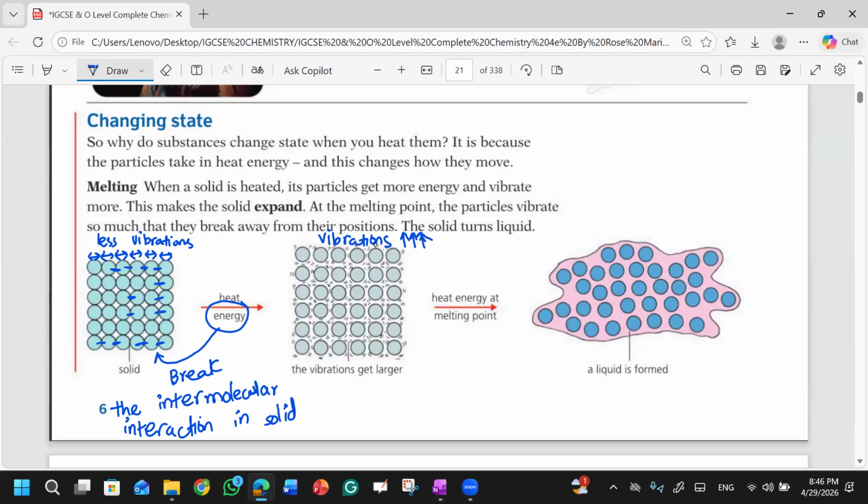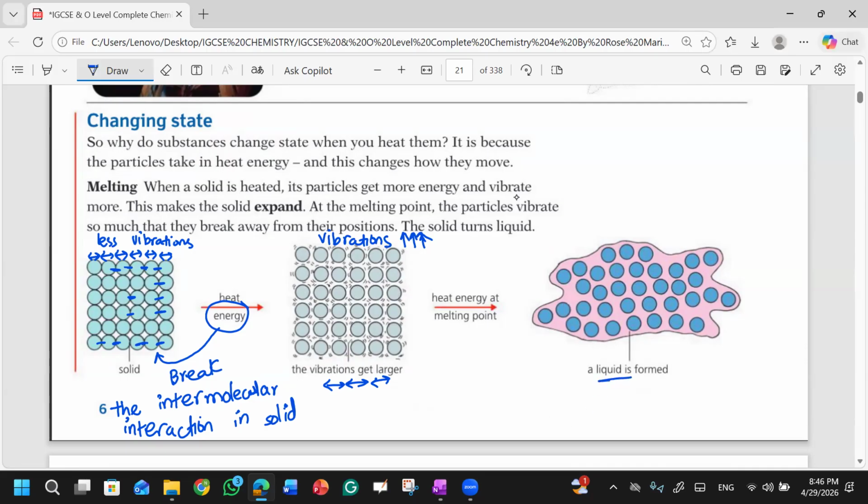And when the vibration will increase, there will be more movement, more random movement. The particles' random movement will increase. And you keep giving them heat, so that heat will be used up to break the intermolecular forces, to make those intermolecular forces weak. And when the melting point will reach, that solid will melt into a liquid.